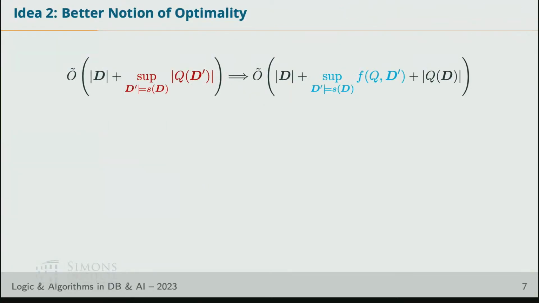Idea number two is that we really need a better notion of optimality, because before, worst case optimality was just this, right? But now, as we have seen, the output size could be very, very small. And of course, we have to process the input, so there has to be something in the middle. So now our new notion of optimality will be something like input plus some parameter, some function of the query, and worst case maybe, satisfying the same thing, plus the output size.